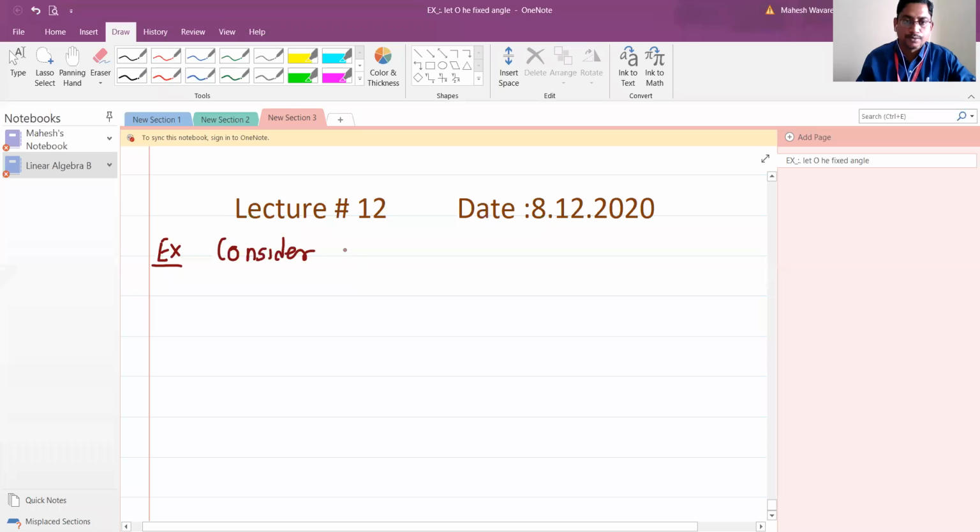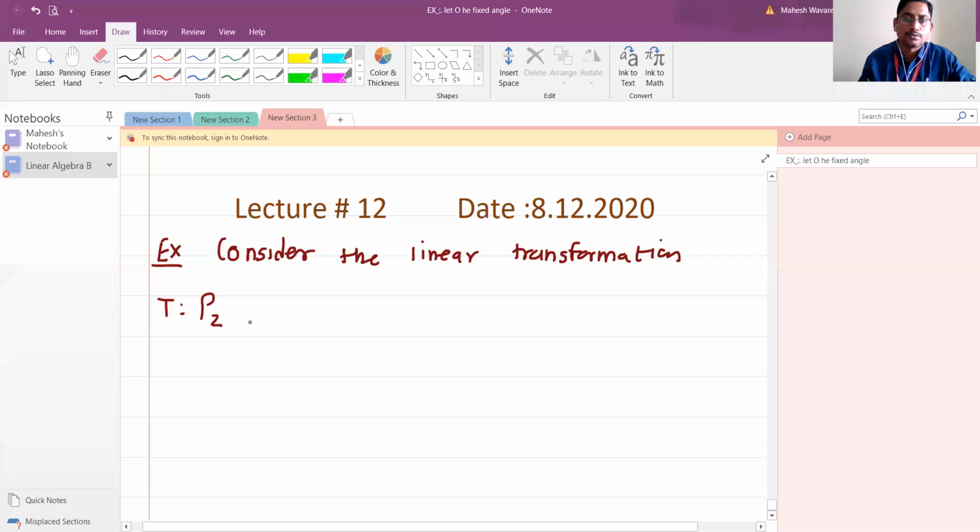Consider the linear transformation from P2.